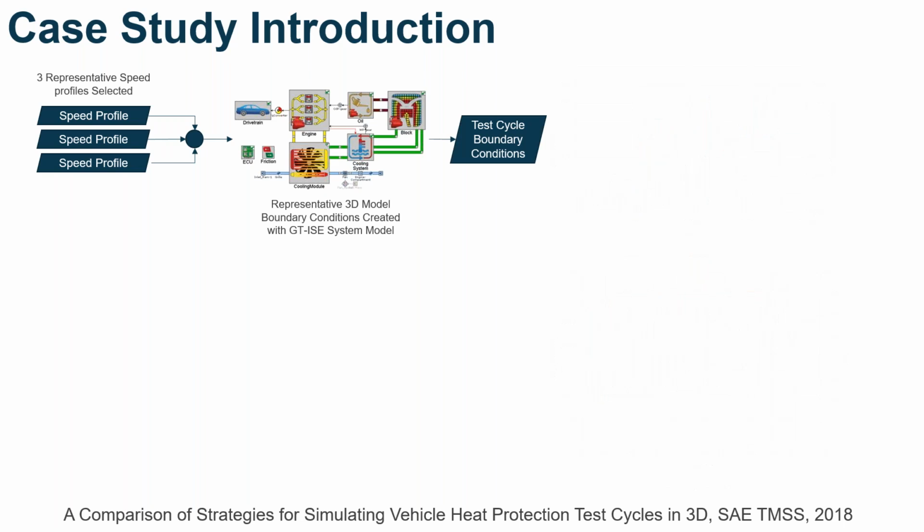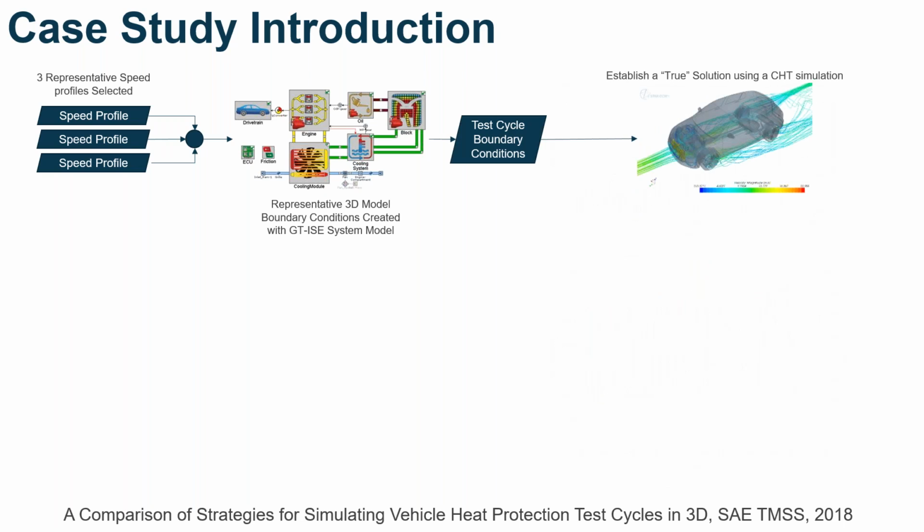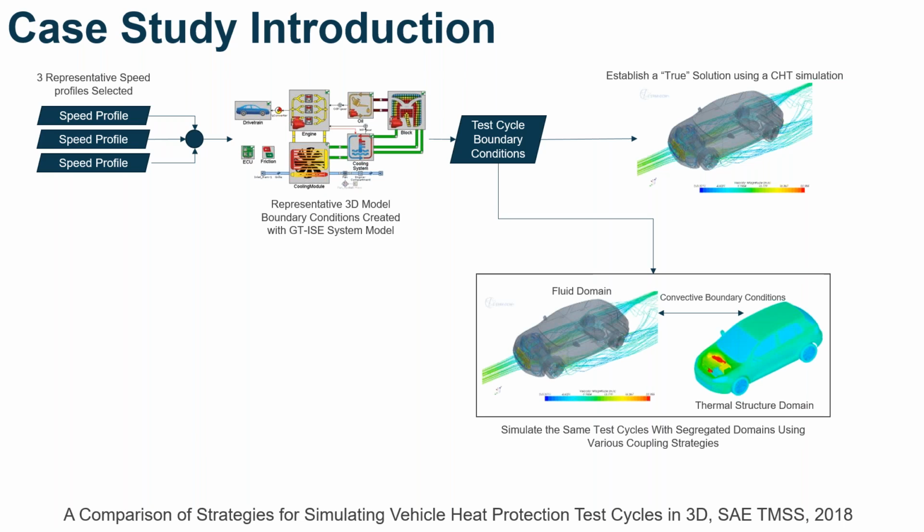These test cycle boundary conditions were then fed into a conjugate heat transfer solution, an all-in-one tool, to establish a true solution. And from there, we use the same boundary conditions to simulate various methods for segregating the domains and look at how efficient those coupling strategies were compared to the conjugate heat transfer solution. And then finally, we compared the conjugate heat transfer and coupled solutions for runtime and accuracy.